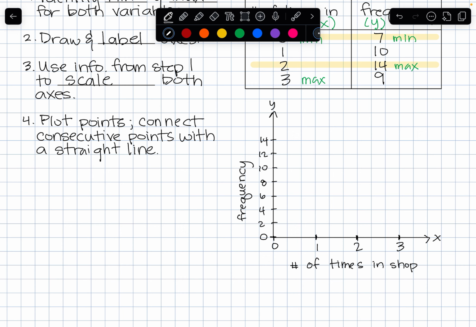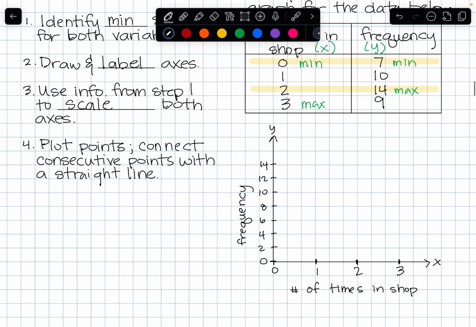And then the very last step is to plot those ordered pairs and then connect each consecutive point with a straight line. So looking at our first row, I have 0 and 7. So 0 on the x-axis and then up to 7 on the y.